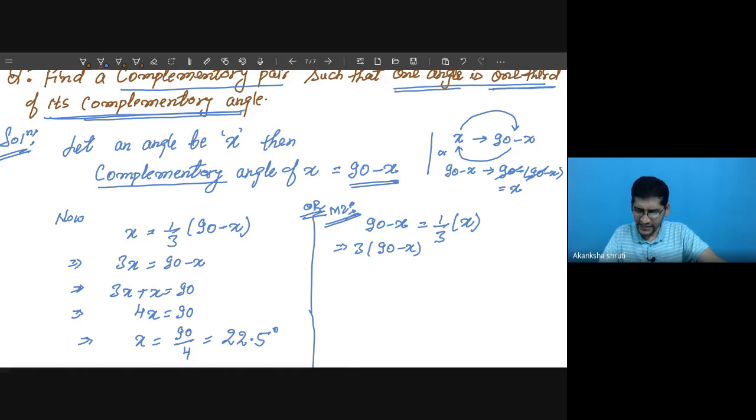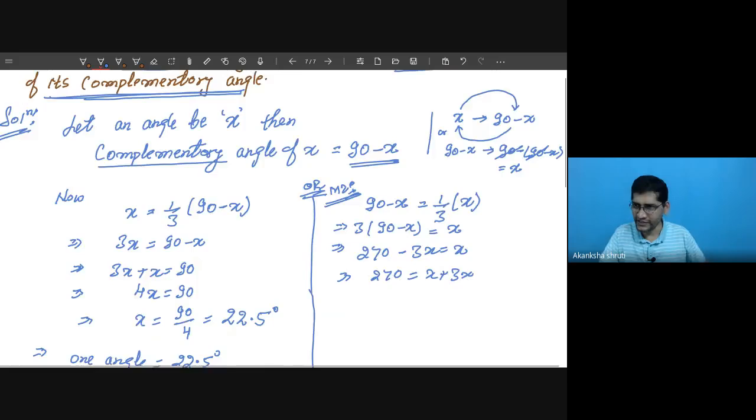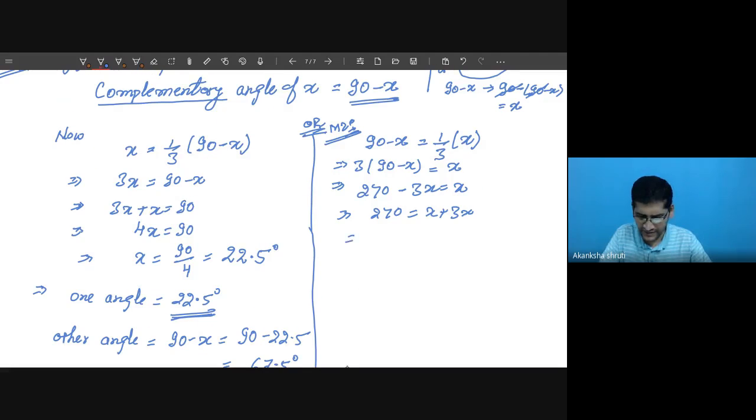So multiply this 3 on the left hand side. This is equal to X only. So 9 3s are 27, 270 minus 3x is equal to X. In this case 270, bringing this on this side, X plus 3x. Student, there is a difference in calculation and you have to understand those differences. Means 270 is equal to 4X.